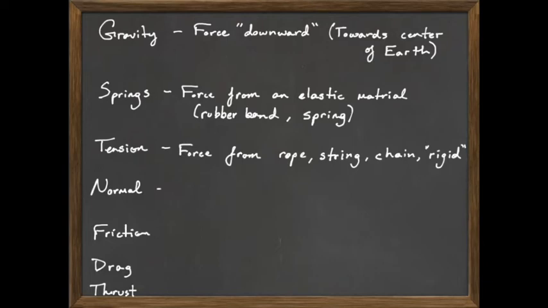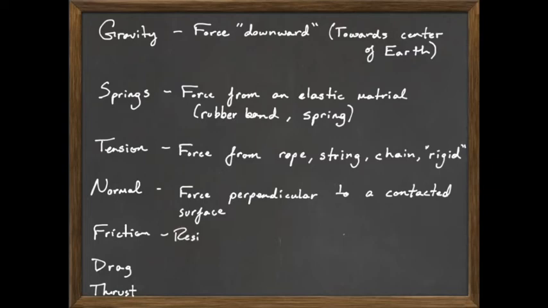The normal force is a force that is perpendicular to a contacted surface. We'll get more details on what these things mean later on. Friction is a resistive force, and it's caused by contact, so it's resistive because of contact.